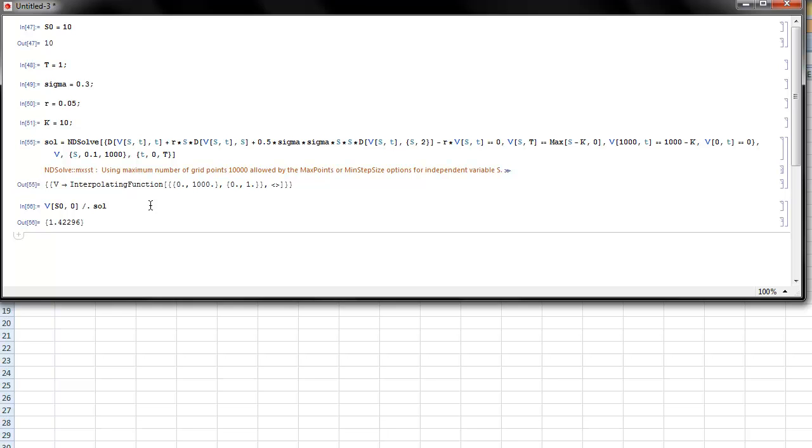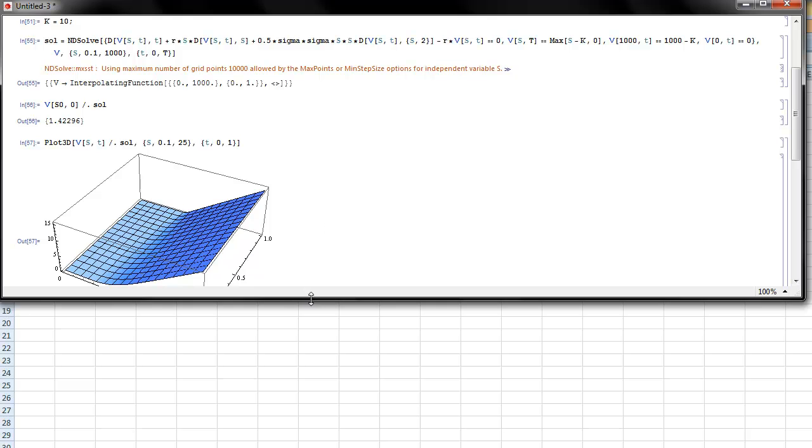I want Mathematica to perform Plot3D of this thing for s between 0.1 and say 25, and for t between 0 and 1.